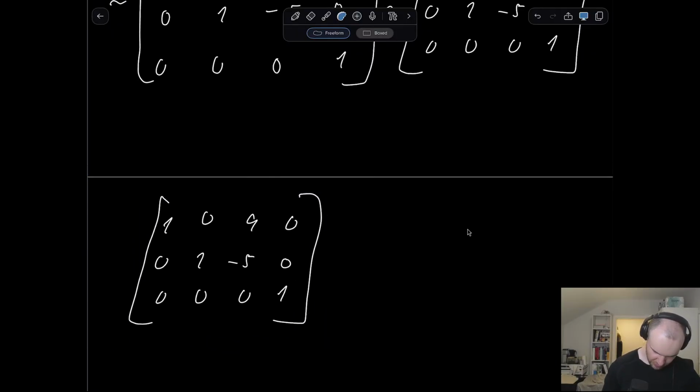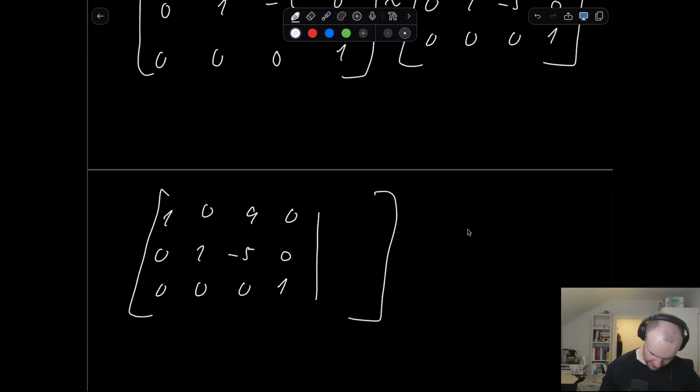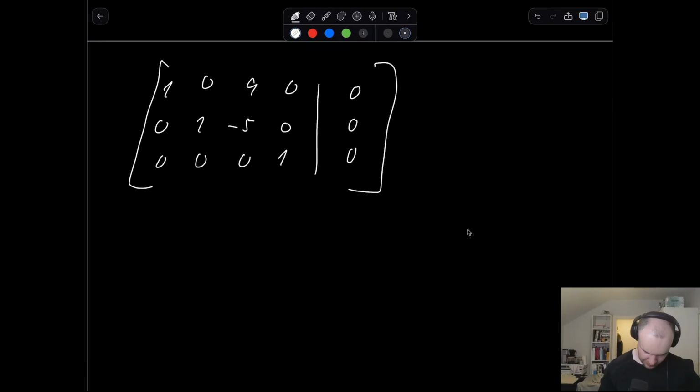So what you can do is just move this here and test if this is true. And this is just a set of equations. So we have x1 plus 9x3 equal to 0. Then I have, of course, x2.